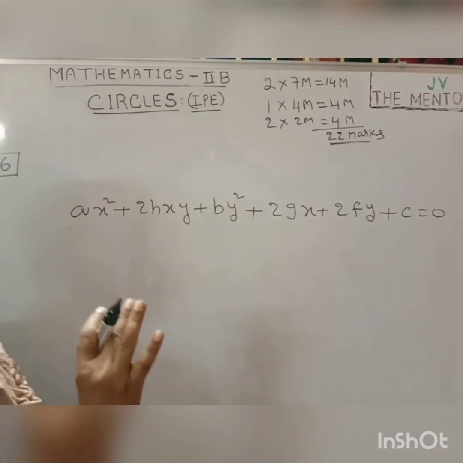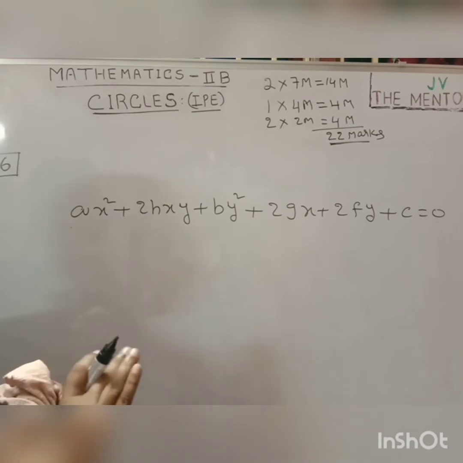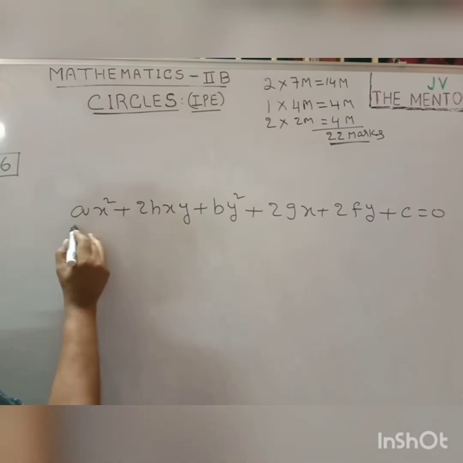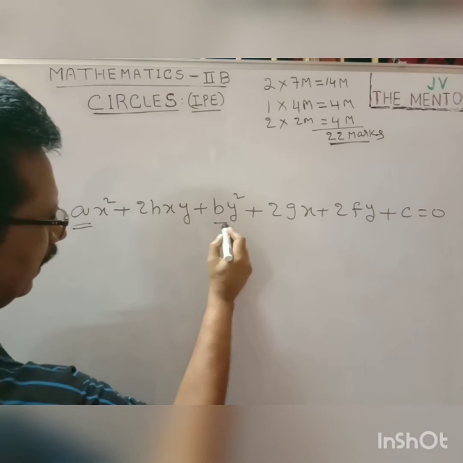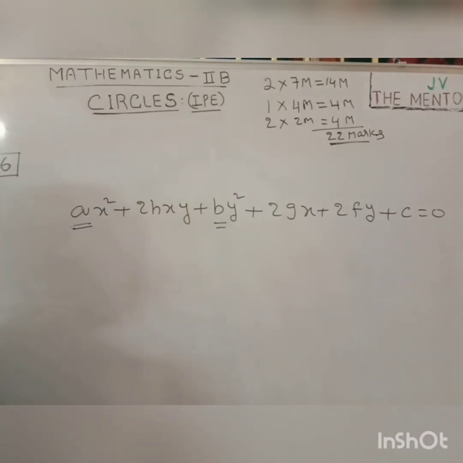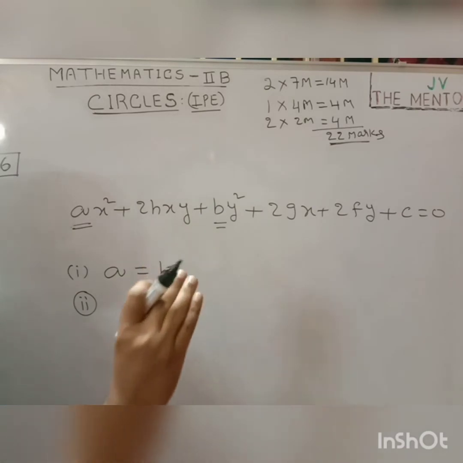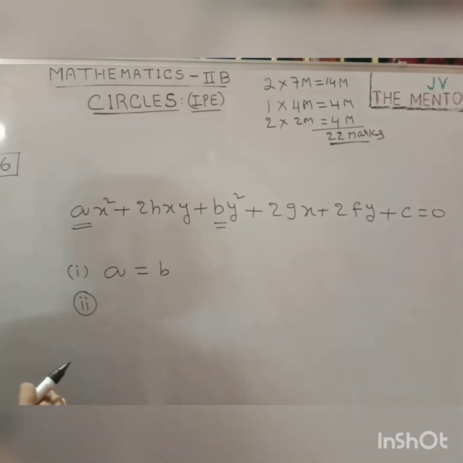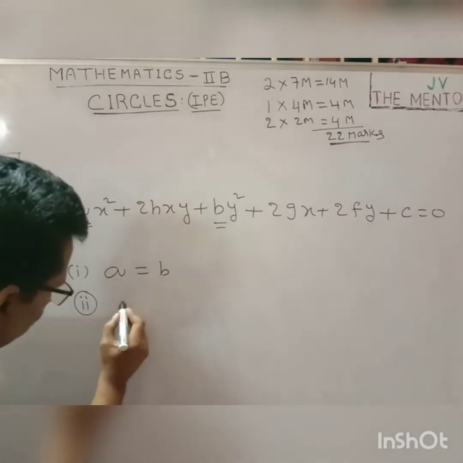First of all, what about the coefficient of x square and y square? The coefficient of x square is equal to the coefficient of y square, that is a equal to b. This is the first condition. What about the second condition? In the standard form of the circle, we said the xy coefficient is 0.